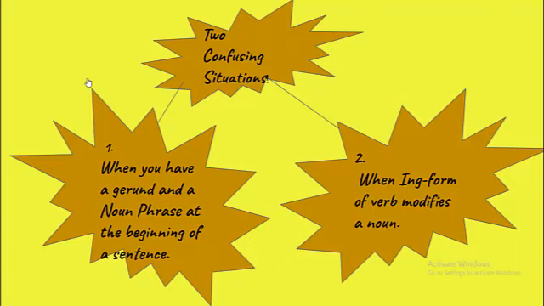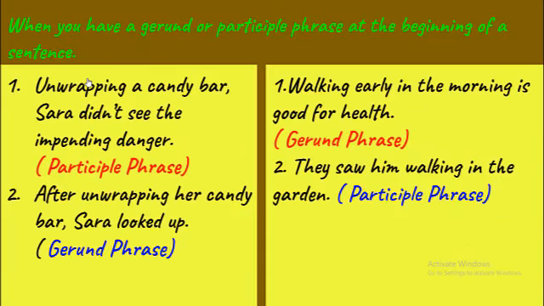The first one is when you have a gerund or participle phrase at the beginning of a sentence. The second one is when the ing form of a verb modifies a noun. So how can you identify it at the beginning of a sentence? Here in the first box, you can see: Unwrapping a candy bar, Sarah didn't see the impending danger.